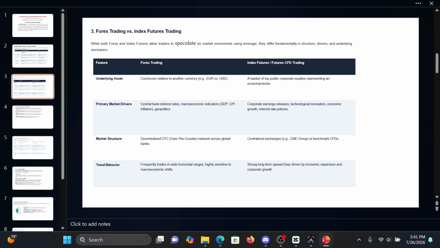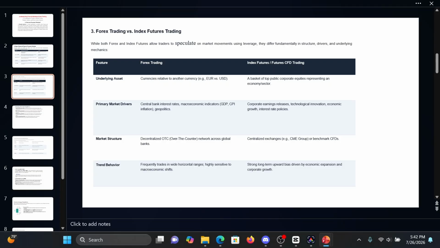So let's look at Forex trading versus futures trading. While both Forex and index futures allow traders to speculate, someone may ask themselves, what is speculation? Speculation is just trying to predict something that has not yet happened, or trying to create a rumor around something that has not yet happened, to spread it, on the market movements using leverage.